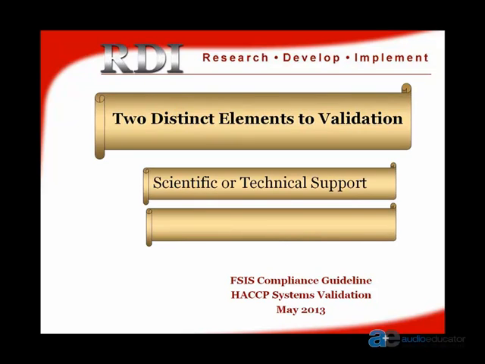The 2 distinct elements of this validation are the creation of scientific and technical support, and the other part is in-plant demonstration. Your history has shown that your process actually works.